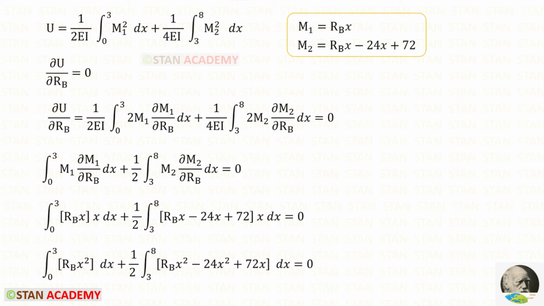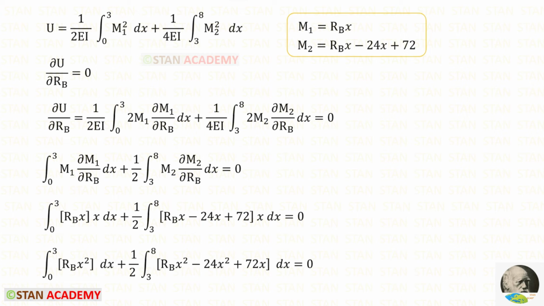And when we partially differentiate M2 square with respect to RB, we will get this. We can eliminate this 2 and this 2. We can eliminate this 2 and here it will be true. 1 upon EI is common. We can take it outside and then on the other side 0 into EI, it will be 0. Let us apply the values of M1 and M2.